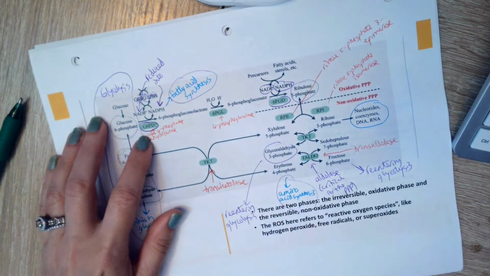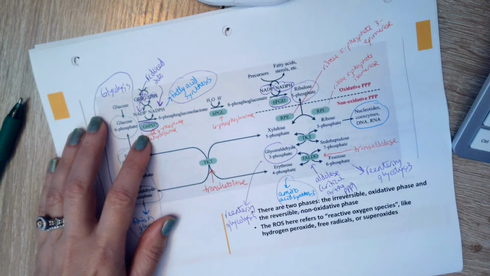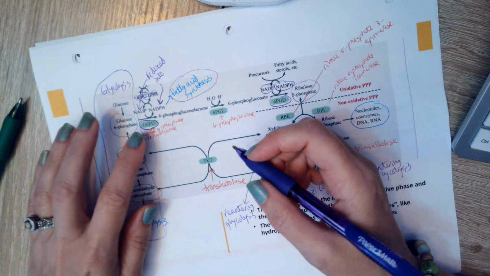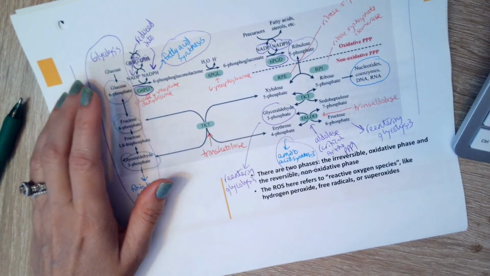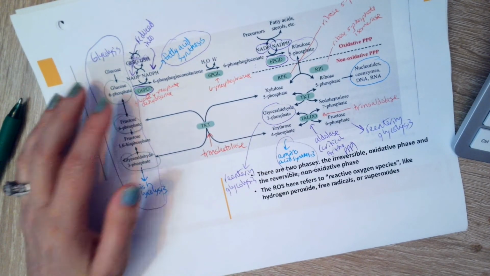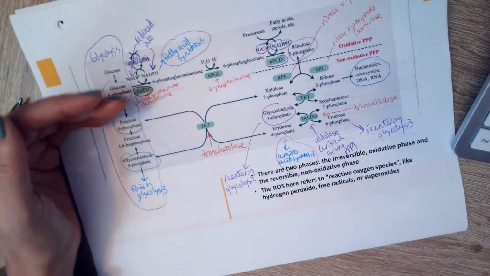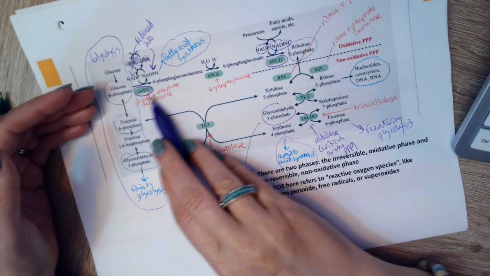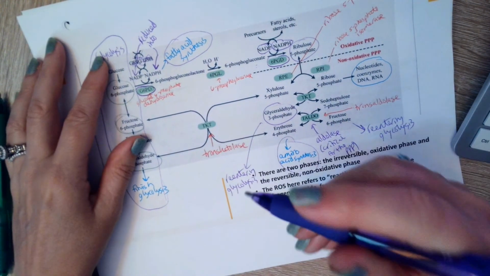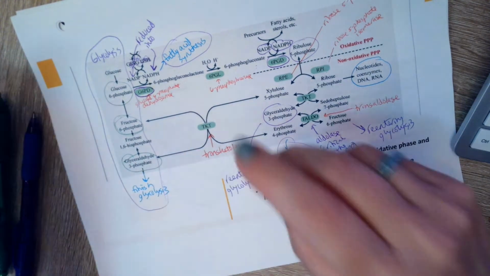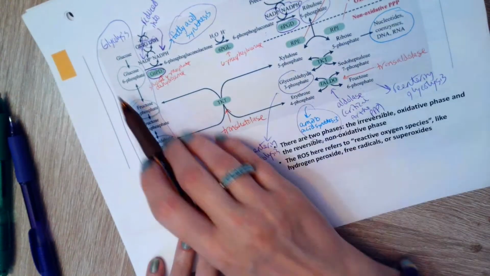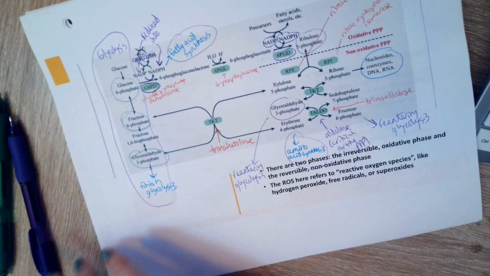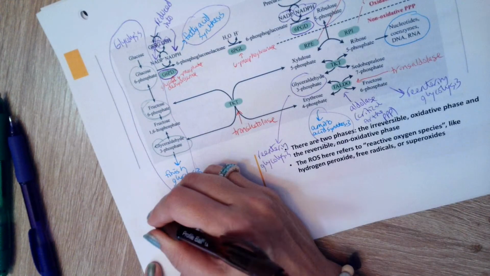This enzyme is a really important enzyme for regulating this pathway. If you have a ton of glucose 6-phosphate dehydrogenase, you are going to be more likely to be doing the pentose phosphate pathway more. So having a lot of glucose 6-phosphate dehydrogenase increases how much you do the pentose phosphate pathway.